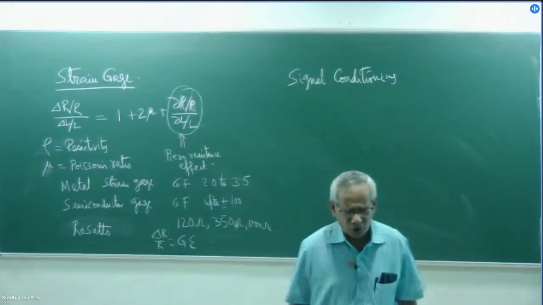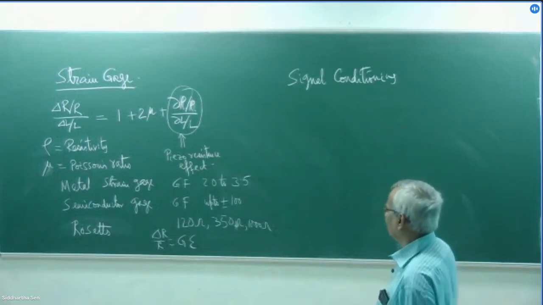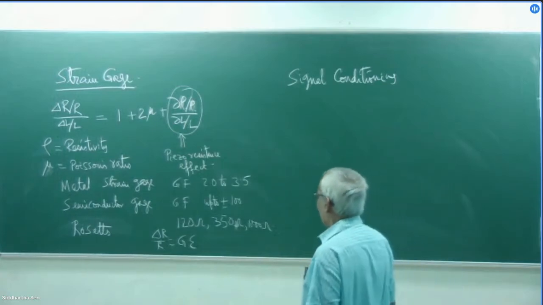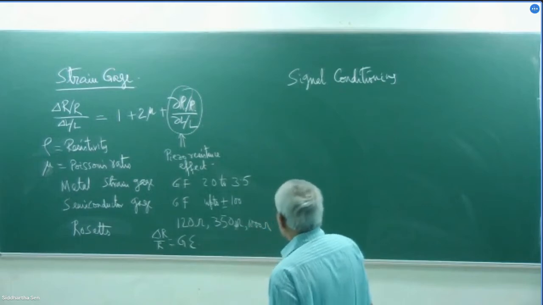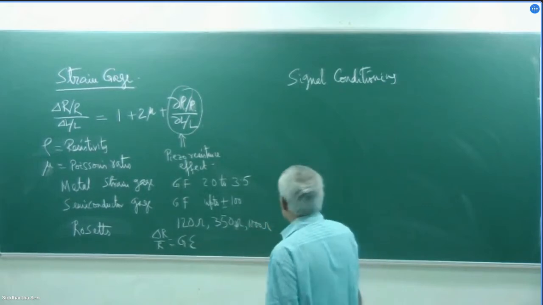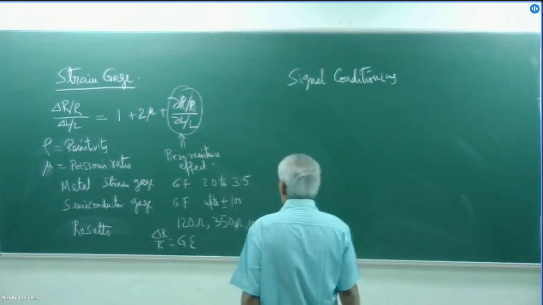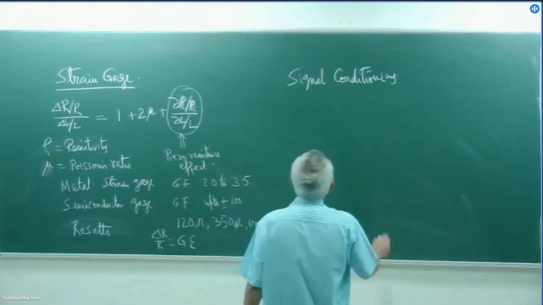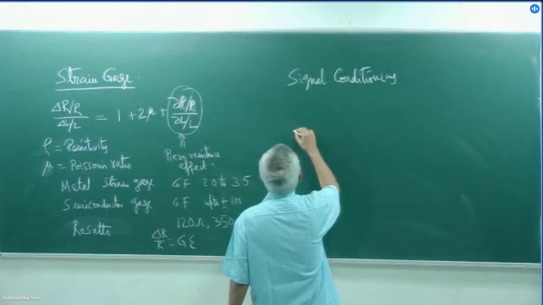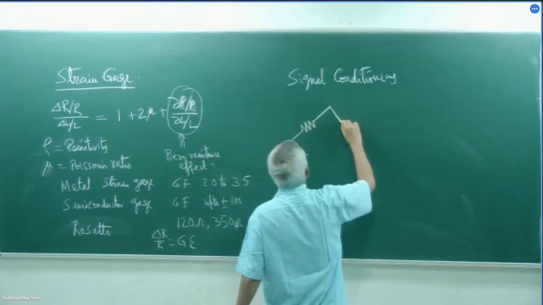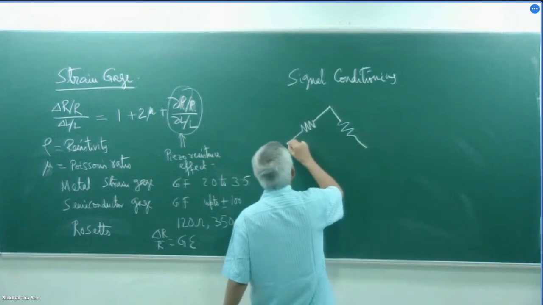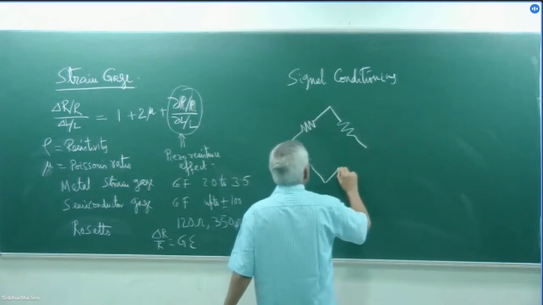It is very small, so we need to amplify the voltage, but the nonlinearity problem is not there. The best option for signal conditioning is to use a bridge.